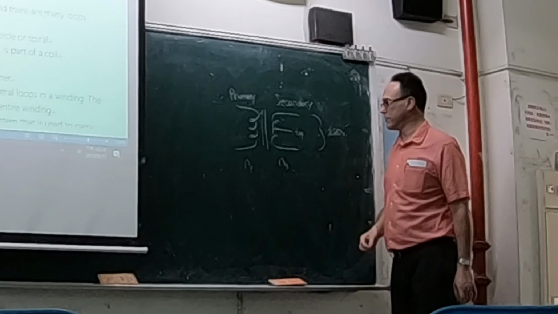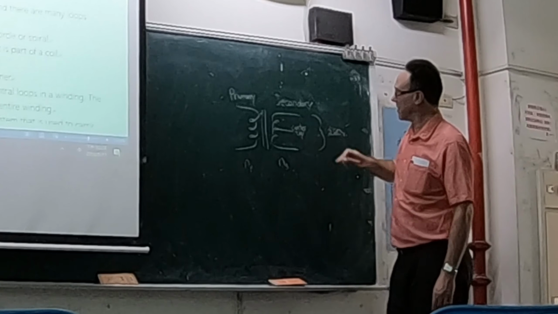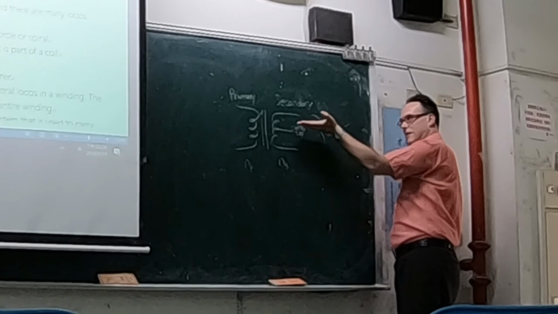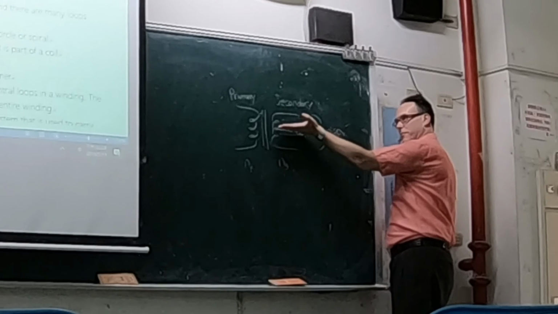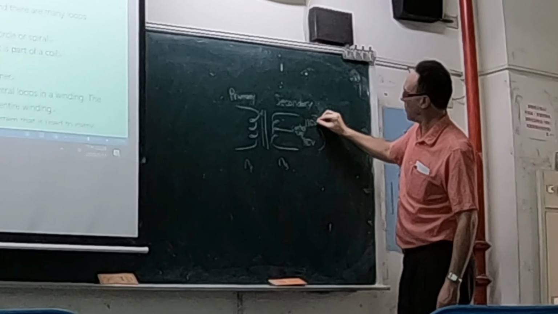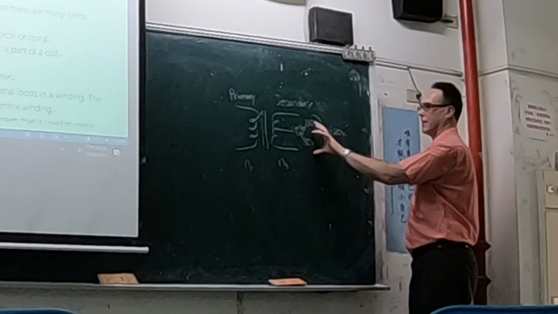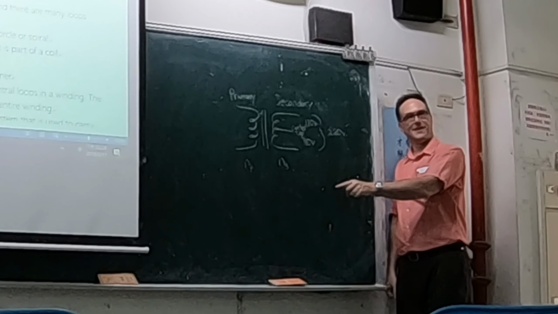It's called a center tap because it cuts right in the middle of the coil. So the voltage potential is half. So we get 110 volts across here and 110 volts across here. And this is what we use.